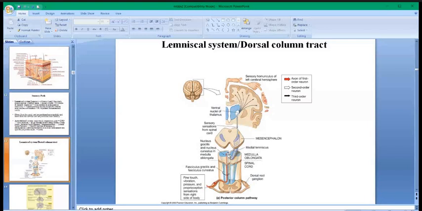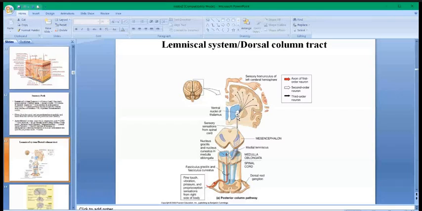Then the second order neuron, which is shown in the white line, crosses from right, goes to the left side and then goes up. This is the midbrain, and it ends in the thalamus.